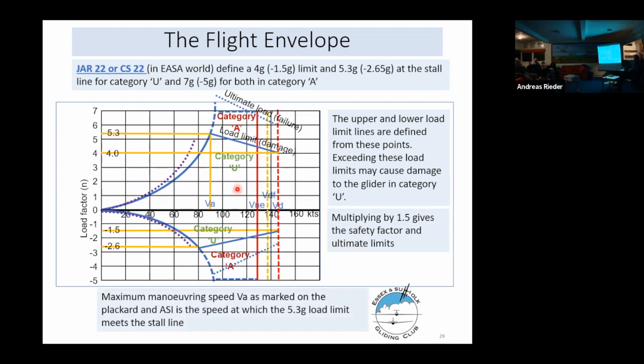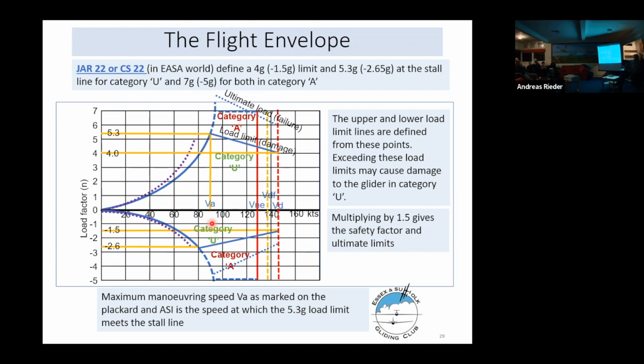Something that I skipped over momentarily is you take that 5.3 line intercepting the stall line, bring that down, you get VA, which is the maximum maneuvering speed, marked on the placard and the ASI, and that is the speed beyond which you may not use any one control.